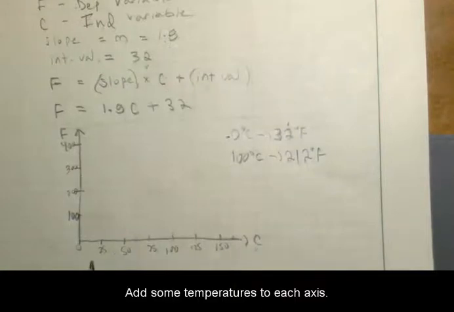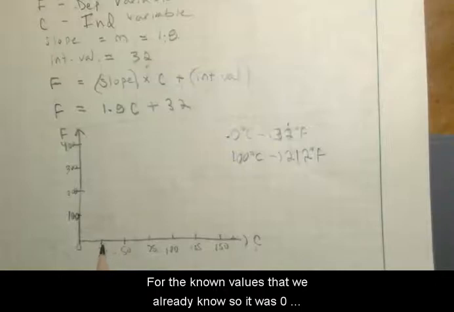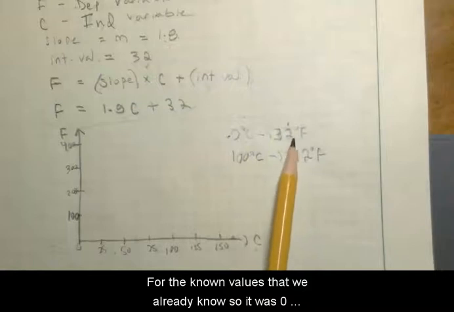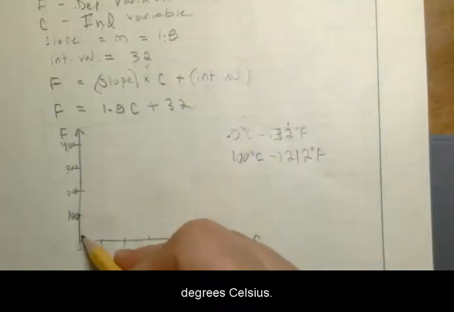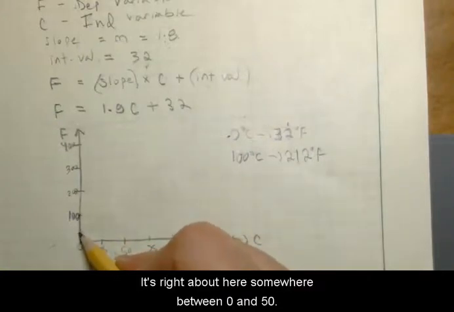We'll add some temperatures to each axis, and we will start by placing points for the known values that we already know. So 0 degrees Celsius corresponds to 32 degrees Fahrenheit. So we'll place a point where Celsius would be 0 and Fahrenheit would be 32. So it's right about here, somewhere between 0 and 50.